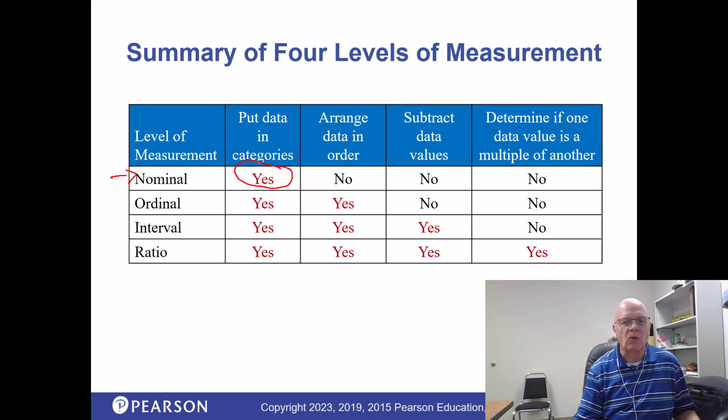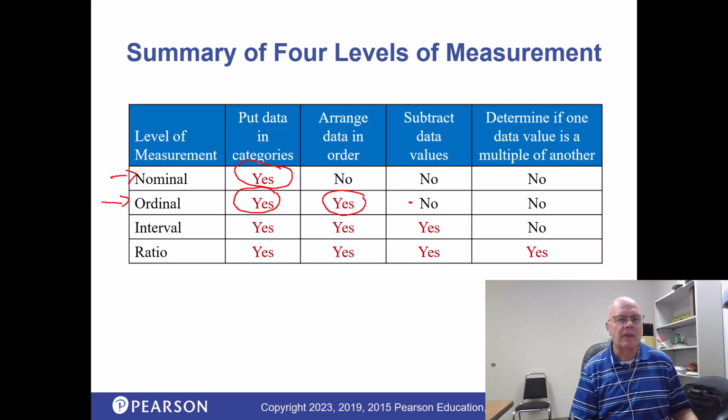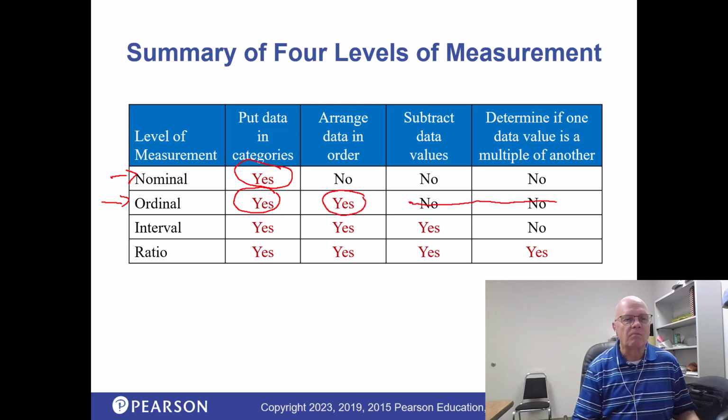Yes, you can put them in order. Yes, you can subtract them and get something meaningful, but not one being a multiple of the other. You can't have one being twice as much as the other. And last of all, but not least, of course, because it is the best, ratio.